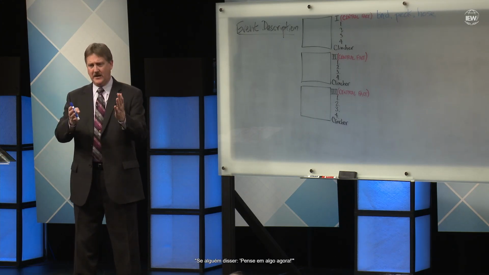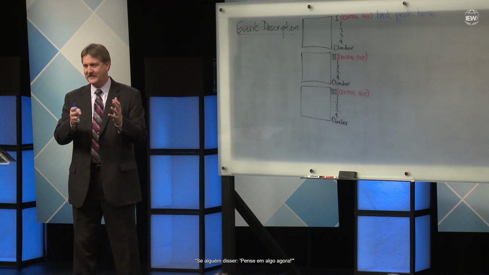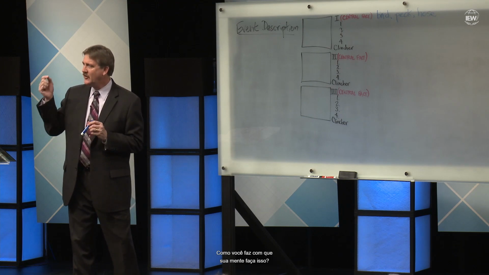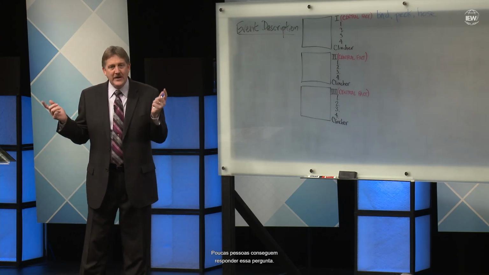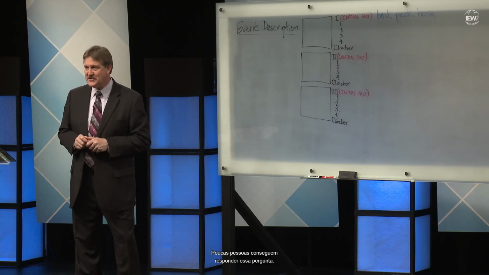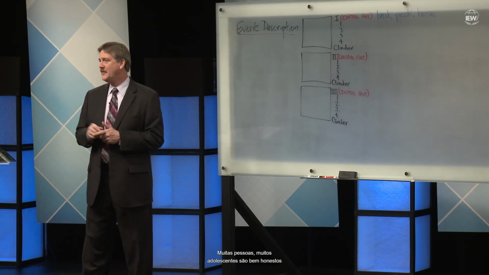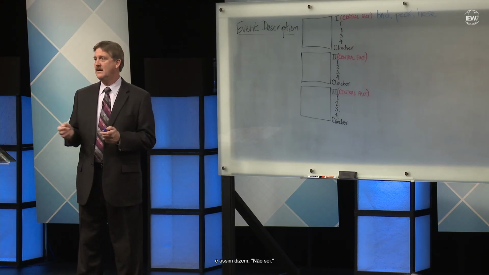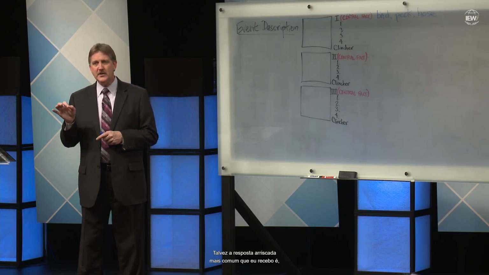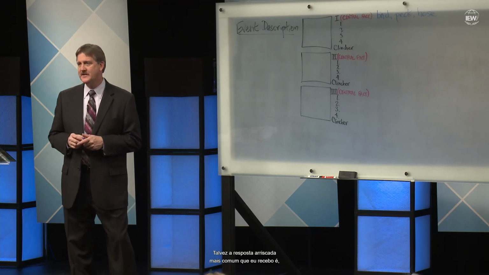If someone says, think of stuff now, how do you make your mind do that? And very few people can answer this question. A lot of teenagers are quite honest, and they'll just say, I don't know. Perhaps the most common attempted answer I get is, you use your brain.